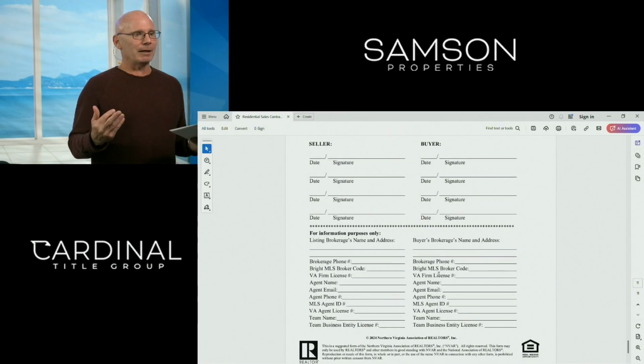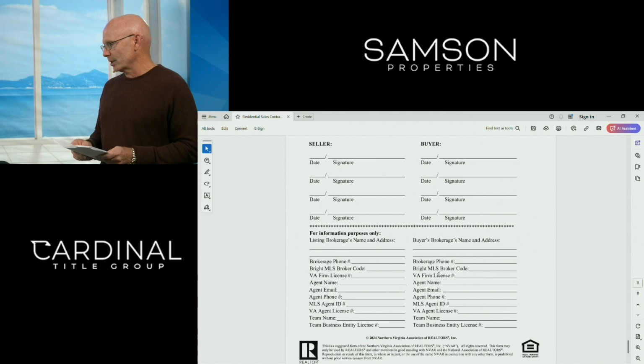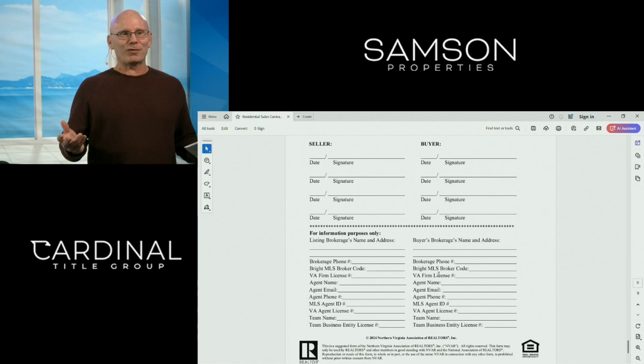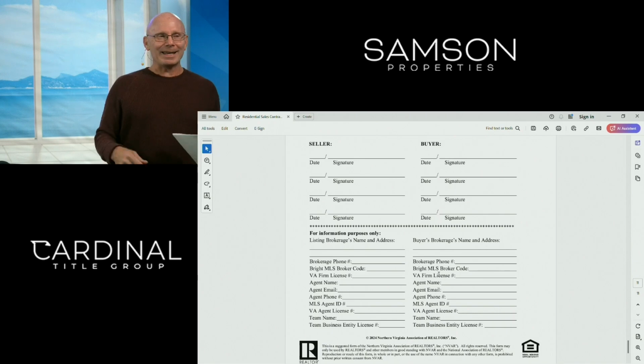Please don't put my information in your contract as a listing agent, okay? You think it's funny, but I get arbitrary emails from lenders and settlement companies for contracts that people put me in as a buyer's agent, and I'm not, okay?